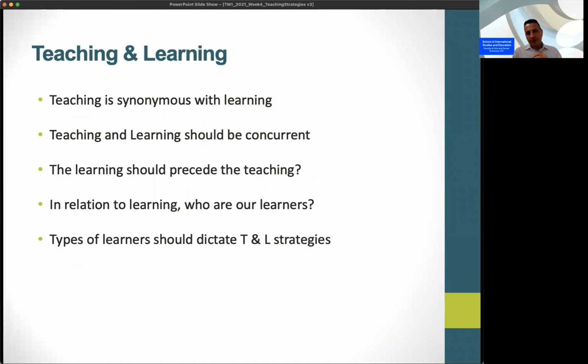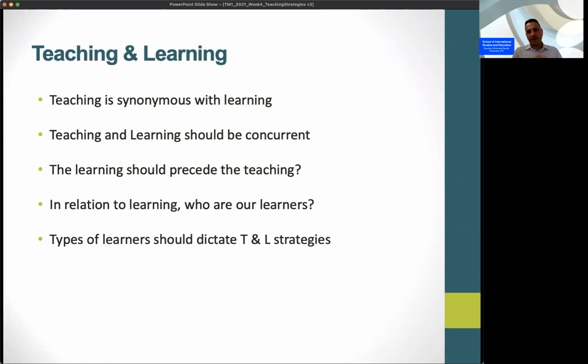In relation to learning, a key question is, who are our learners? And if we really don't understand who is our audience, what are their strengths, and more importantly, what are their weaknesses, we really can't do justice to this process of learning. So there's a critical question here.